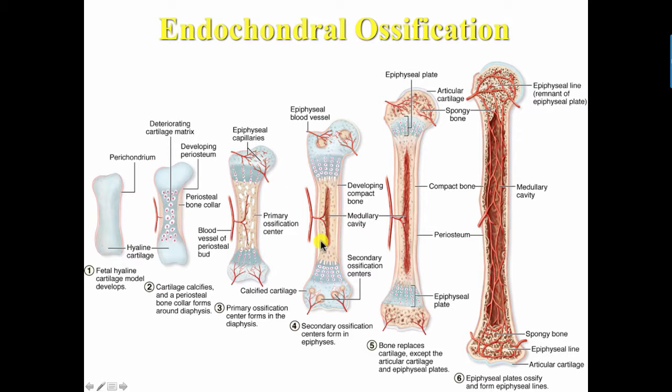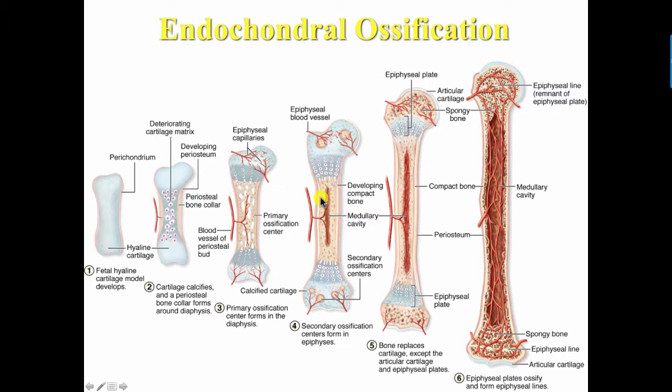As soon as this bone is laid down on these spicules of calcified cartilage, it begins to be resorbed by the action of osteoclasts, which were also carried in by these blood vessels, resulting in the formation of a marrow cavity. And this process continues in both directions, resulting in the formation of a marrow cavity filling the diaphysis of the bone with only a few of the original trabeculae remaining.